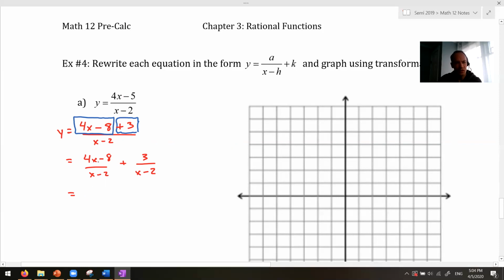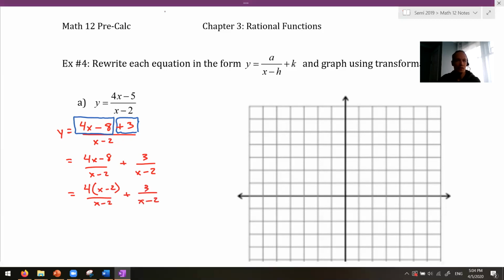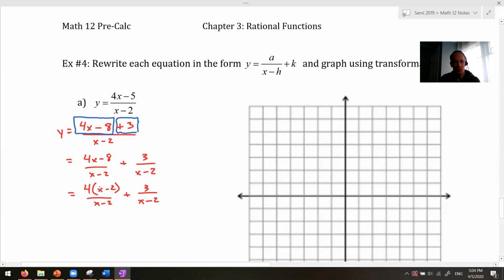Okay, so what we're doing here is I picked negative 8 and 3 because I could see that 4x minus 8 and x minus 2 have a common factor. I can actually factor a 4 out of this, and I can write it this way. I can't do anything with this other one, but that's okay. I don't really need to. The beautiful part here is I can actually look at this, and these can actually cross out.